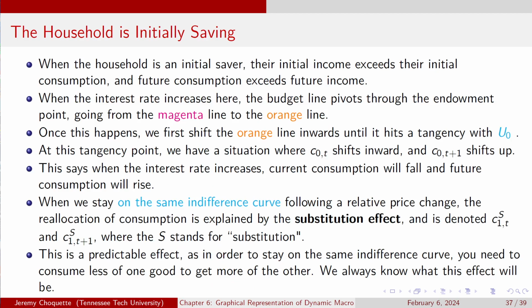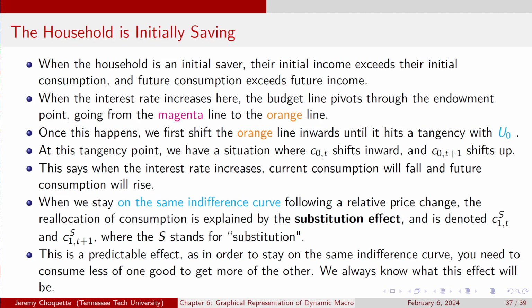So if we stay on the same indifference curve, kind of like as a thought experiment, following that relative price change, that reallocation of consumption is explained by the substitution effect. And it's predictable. We like to think about things in terms of that substitution effect because in order to stay on the same indifference curve, you have to consume less of one good to get more of the other.